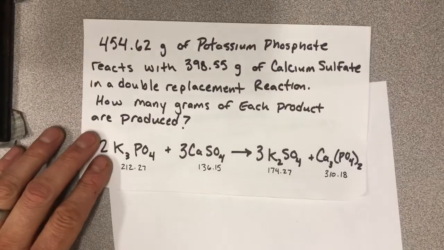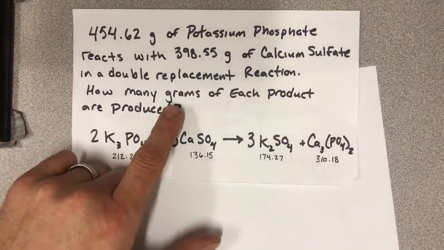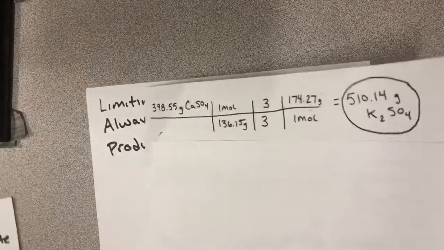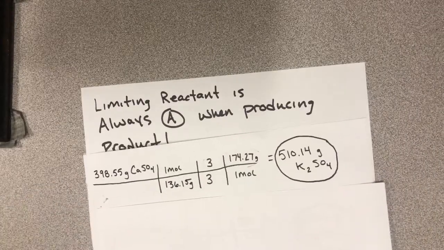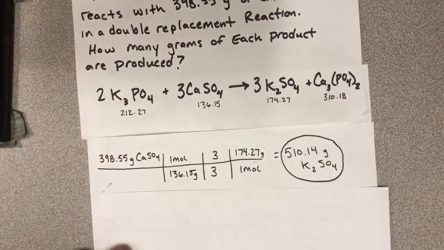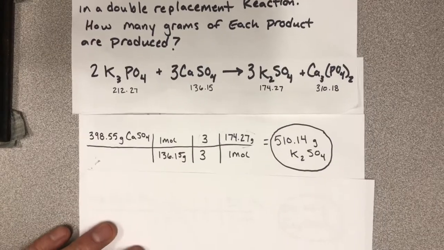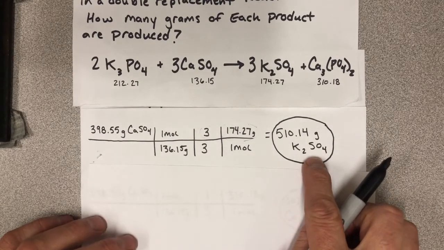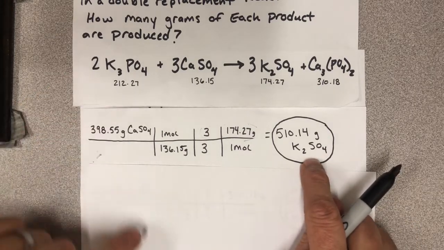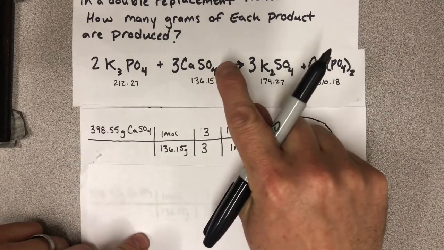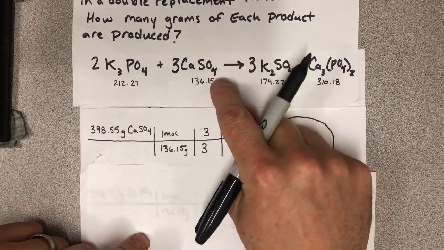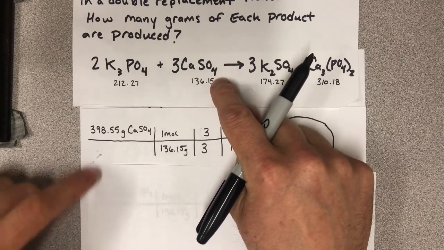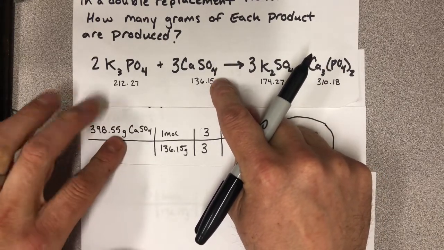So remember, we're asking about how many grams of each product get produced, and so here's the math on that. I'll keep the equation up here so you can see what's happening. So this first calculation shows the theoretical yield of our potassium sulfate. So we have determined that calcium sulfate is our limiting reactant, and so we have this 389.